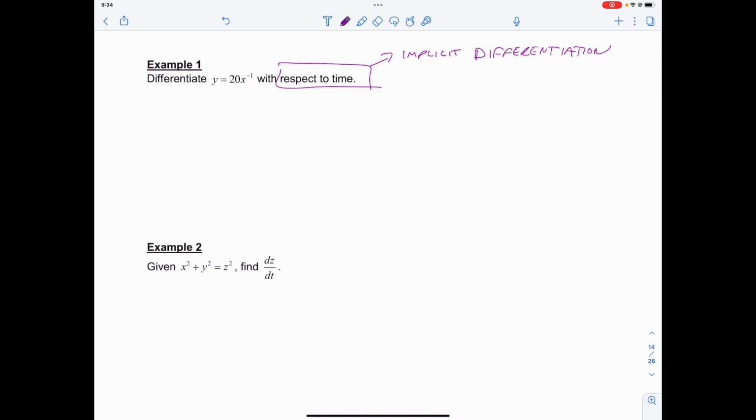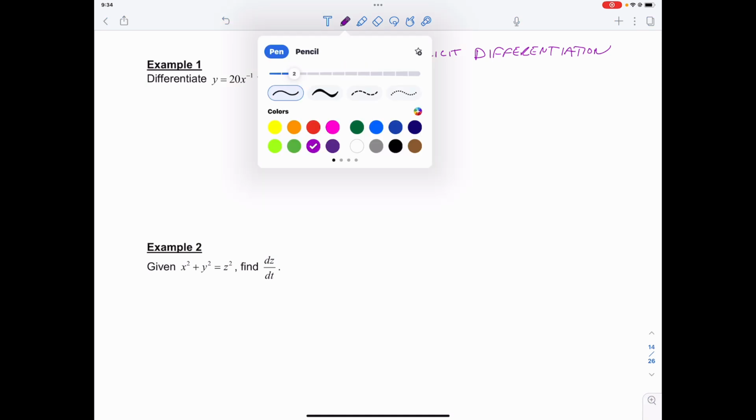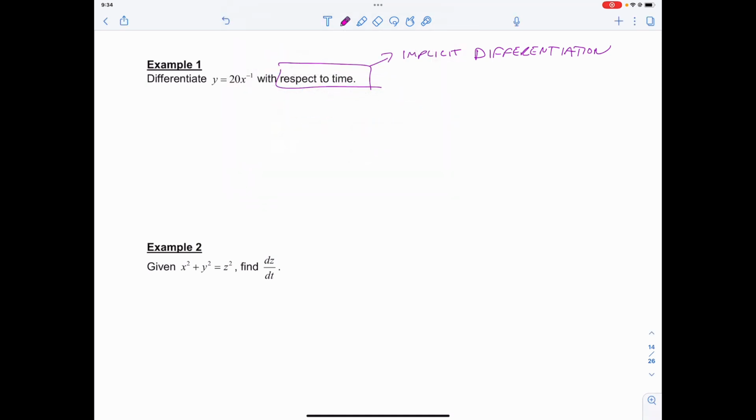So if I have y is equal to 20x to the negative 1, and I'm going to do y in terms of time, then that means that I also have to differentiate x in terms of time. And this is where we're using that implicit differentiation.